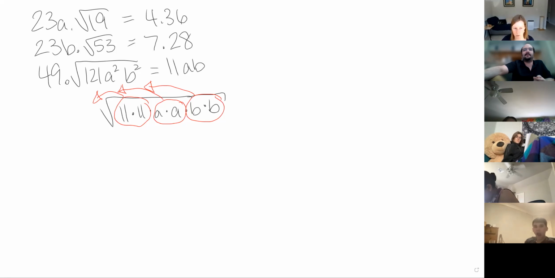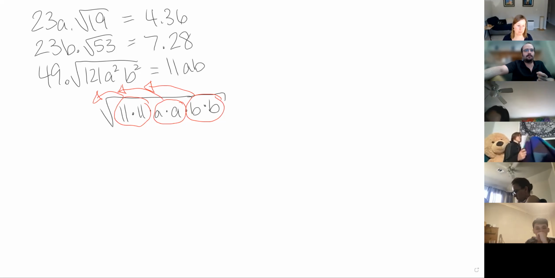And then do we write the square root after? That's the part I got confused on. Well, if there's nothing left in it, we don't really need it anymore, right? It means we've completed the operation, so it's done. There's nothing left inside. So it's just 11AB.